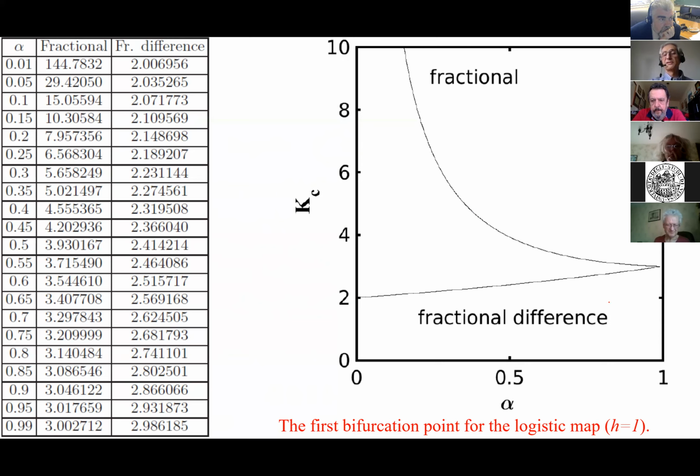So for the fractional difference map, here there is a stable fixed point and above it a stable period 2 point. And again, it's up to a certain point where the period 2 point becomes unstable and so on.